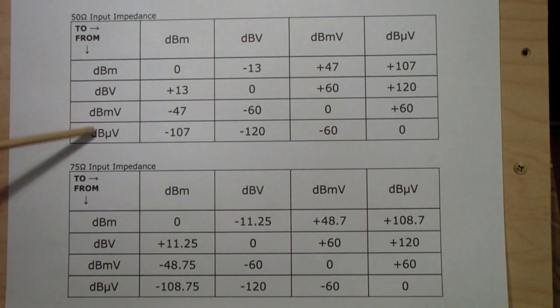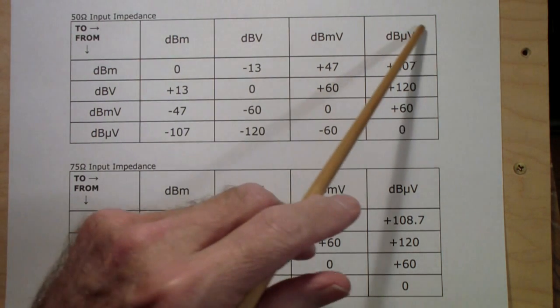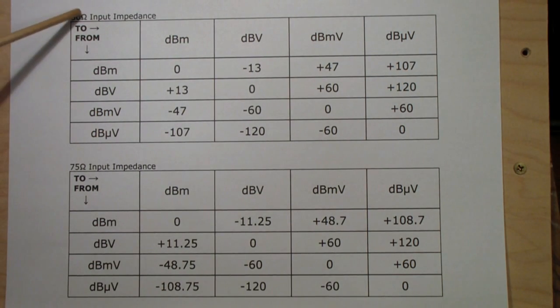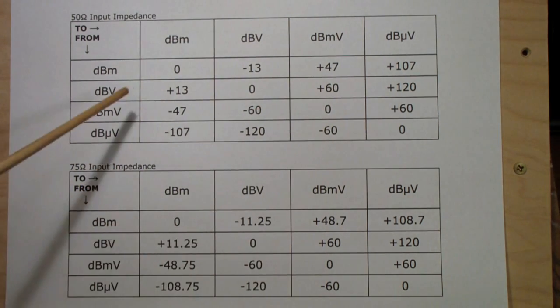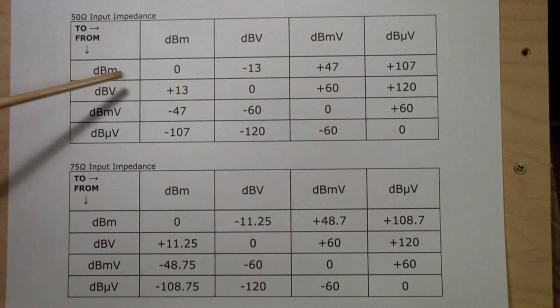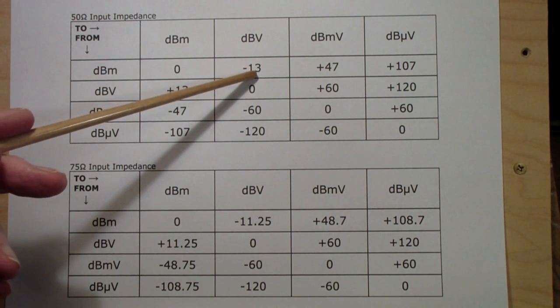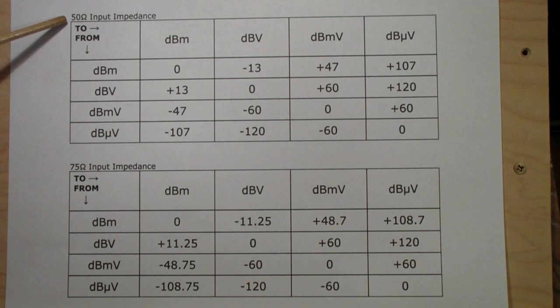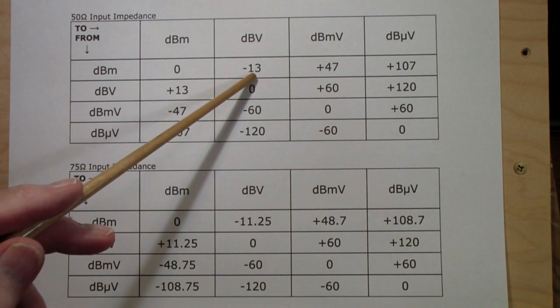To go from one of these types of measurements to another with a 50 ohm input impedance, here are the values of dB that you need to apply. So for example, to go from dBm to dBV in a 50 ohm impedance situation, you have to subtract 13 dB.